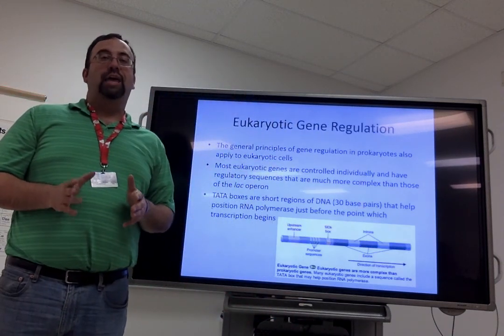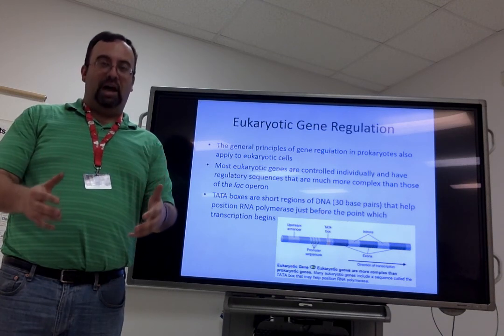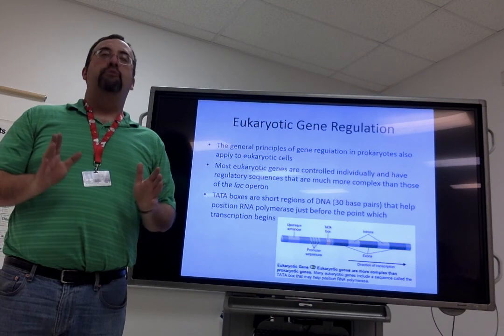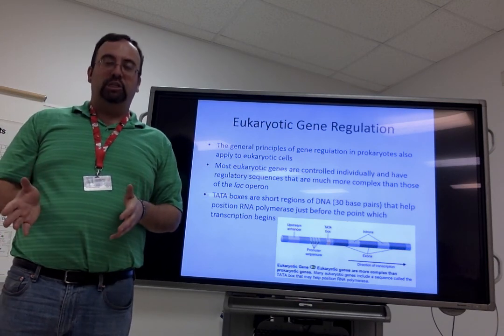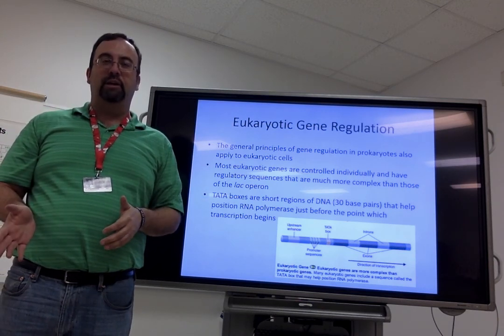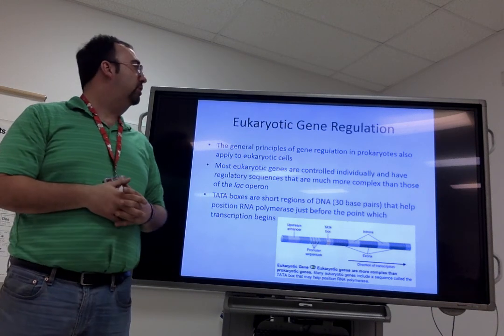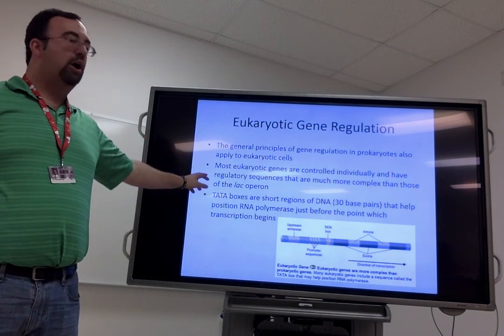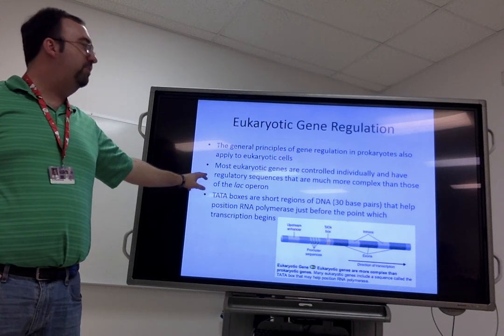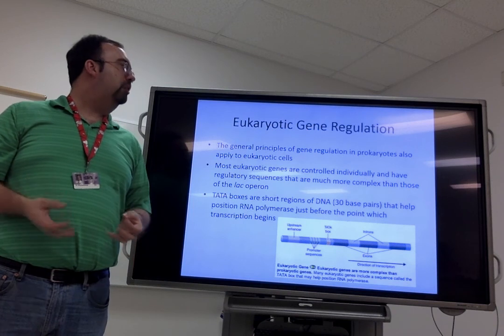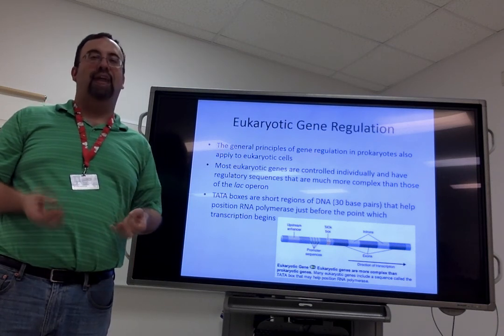We're now going to look at a little bit higher level. We're going to be looking at eukaryotic gene expression. Fortunately, the ideas that we just talked about for prokaryotic gene regulation can be applied fairly easily to the eukaryotes. Most eukaryotic genes are controlled individually and will also have regulatory sequences that are much more complex than those of the lac operon.